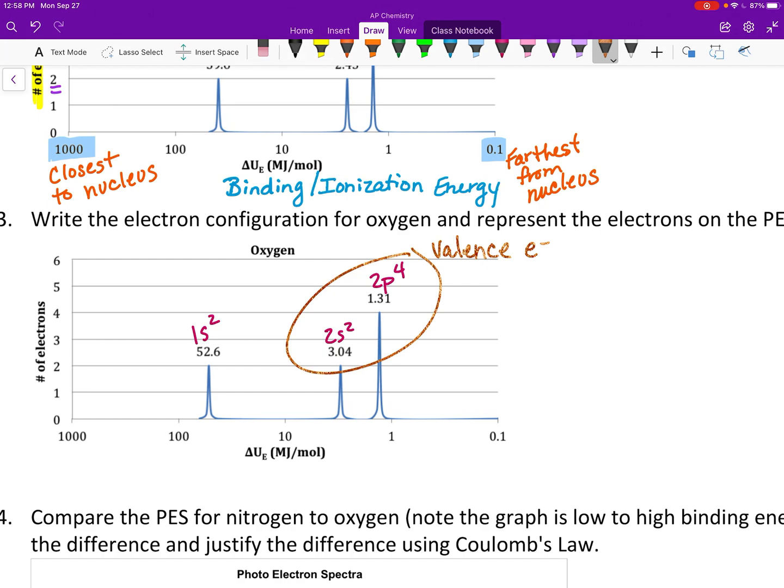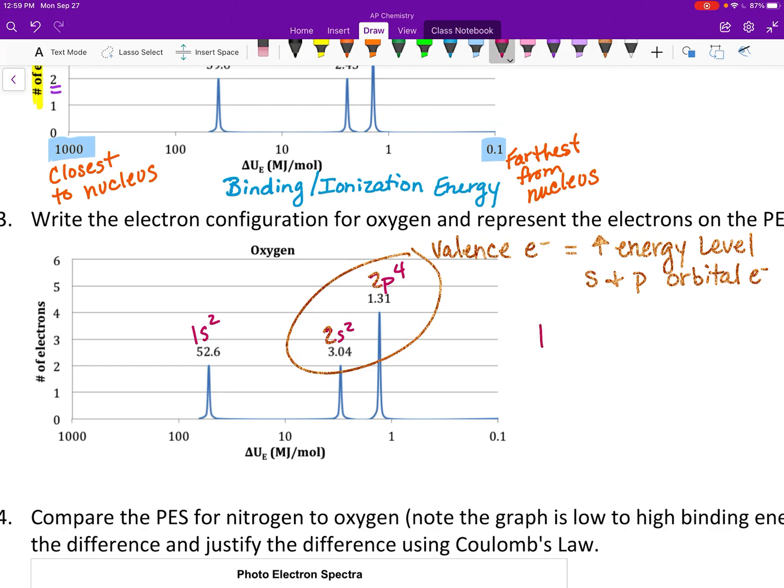And they're going to be the highest energy level, so that's the n equals 2. So we're dealing with energy in a couple different ways. They're the lowest binding energy, but they're the highest energy level, and that's the 2. The 2 here tells us that they're the higher energy level, the s and p orbital electrons.